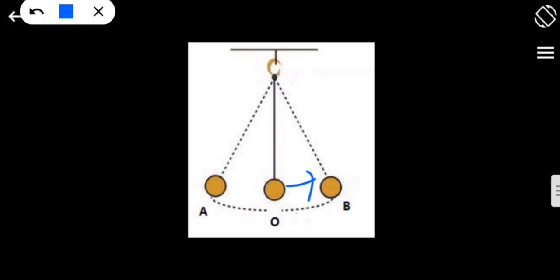But what force is taking the pendulum from the B point to the mean point? That one we need to derive, and from that we can derive the calculation of the time period.